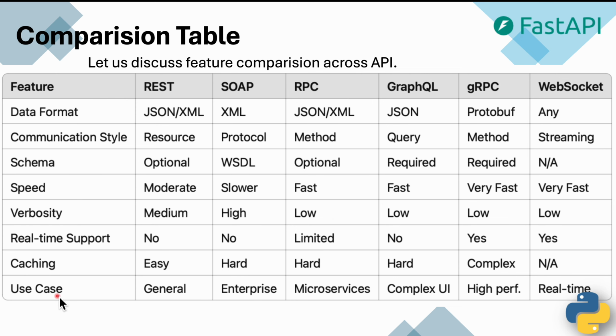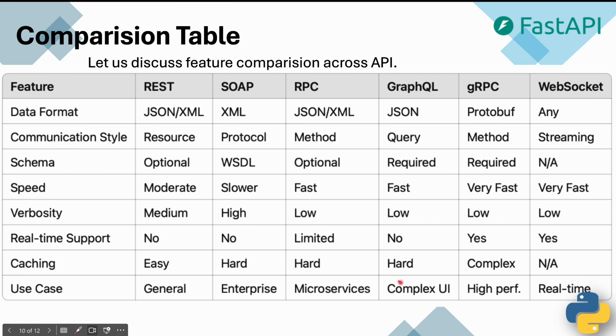And let's take use case. REST API: in general purpose simple applications, go for a REST API. SOAP API: if you have enterprise applications. RPC API: if you want microservices communication, then go for RPC.